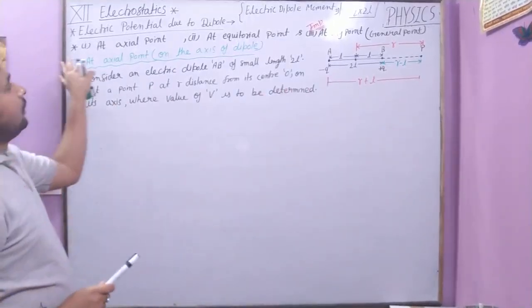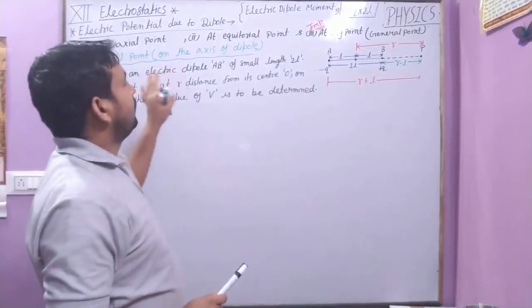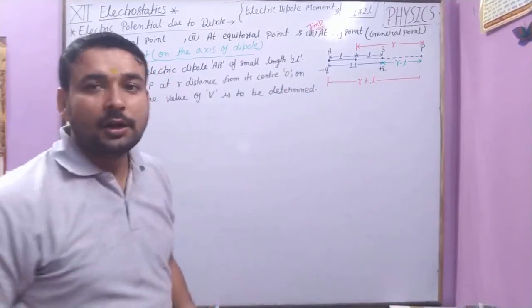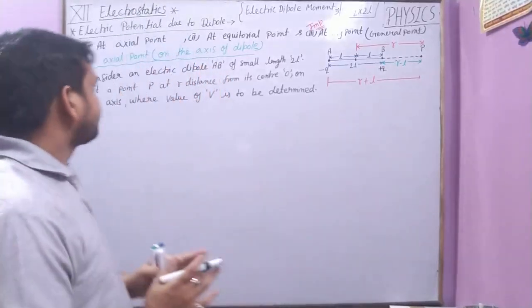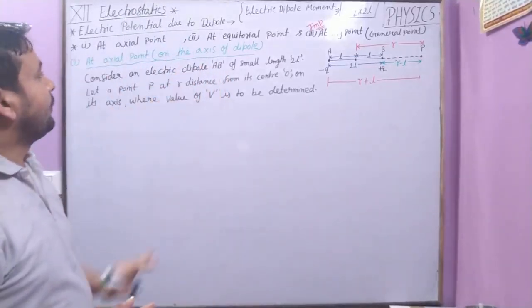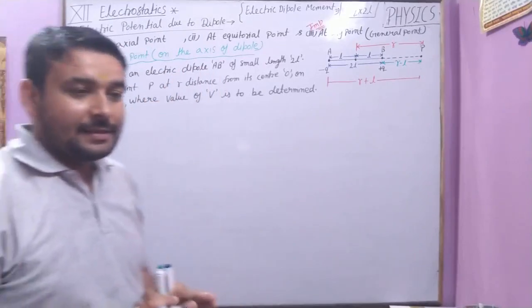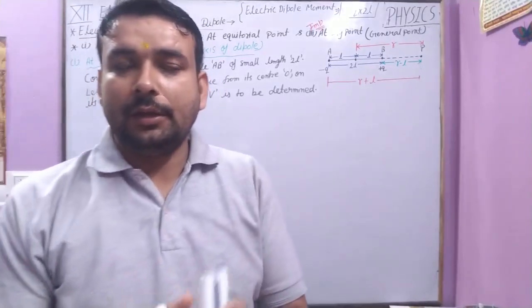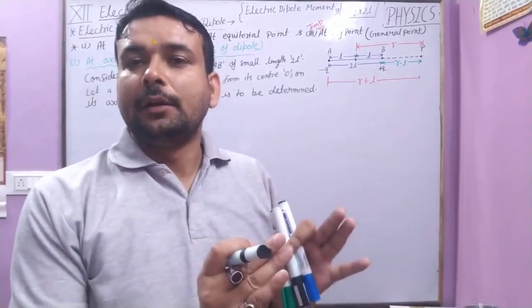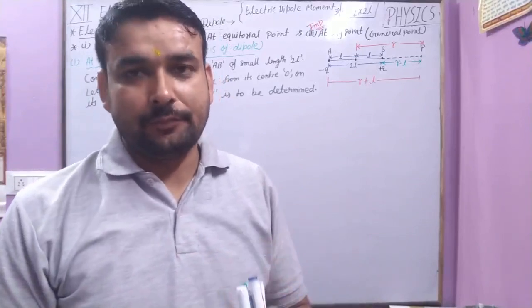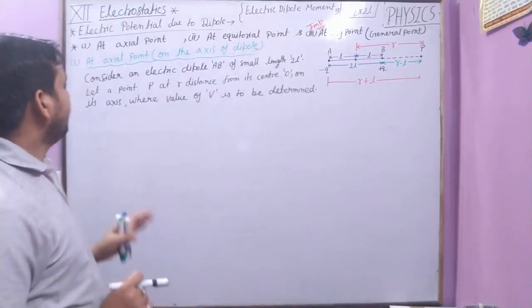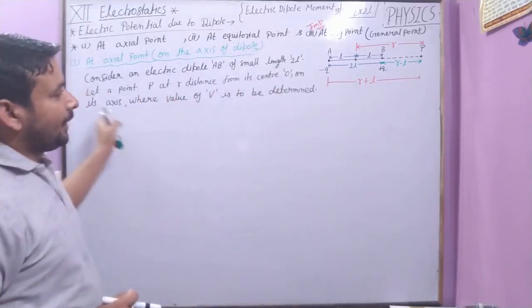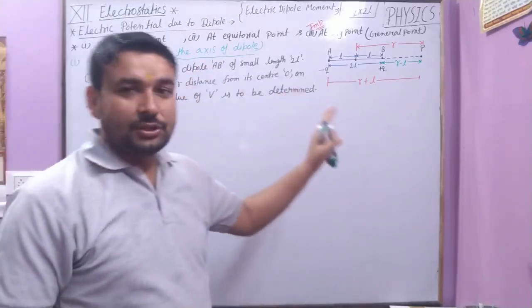Now we understood and derived the formula for the electric potential due to an electric dipole, and as we determined the formula for the electric field due to a dipole at three points, here again we derive the formula for three situations.